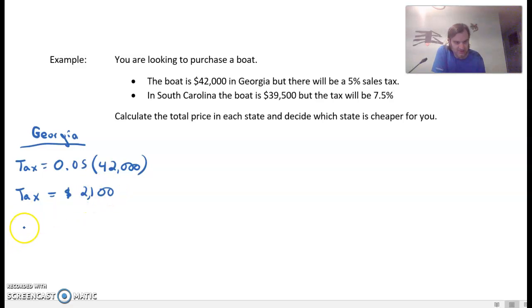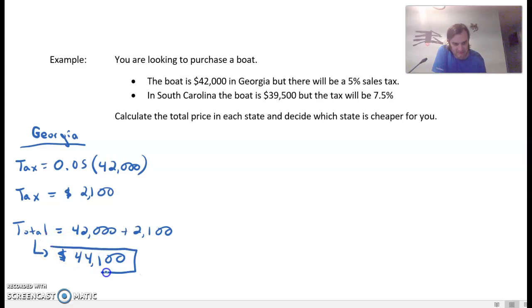So the total will be the 42,000 plus the 2,100, which will be, I guess, 44,100. Okay, and that's in Georgia.